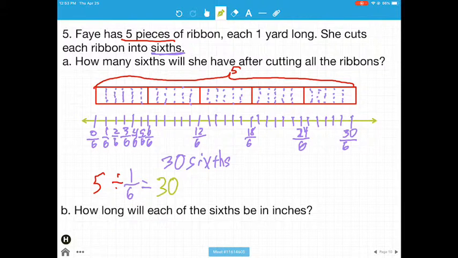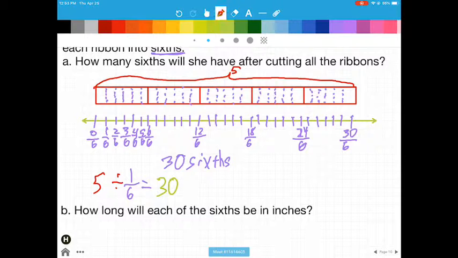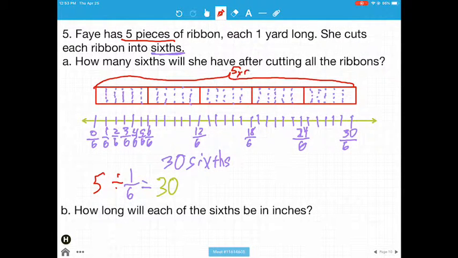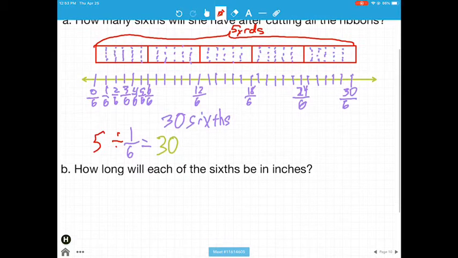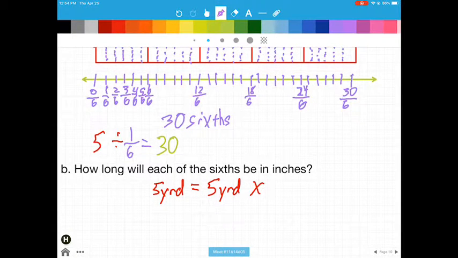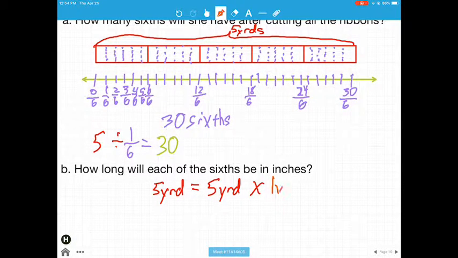Now it says that each piece is 1 yard. So 5 yards, there's 5 ribbons, so there's 5 yards. Okay? So we know that 5 yards is the same as 5 times 1 yard.